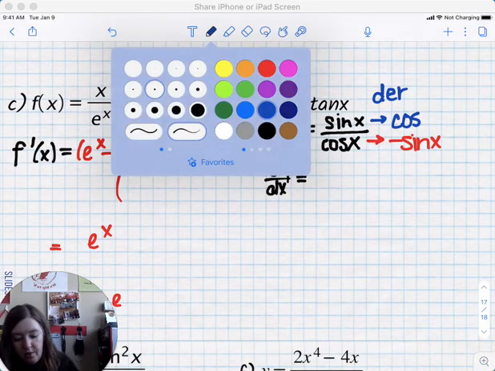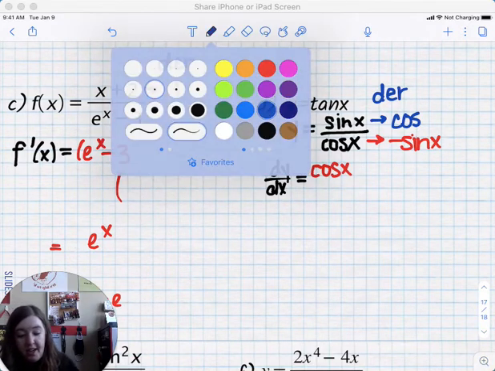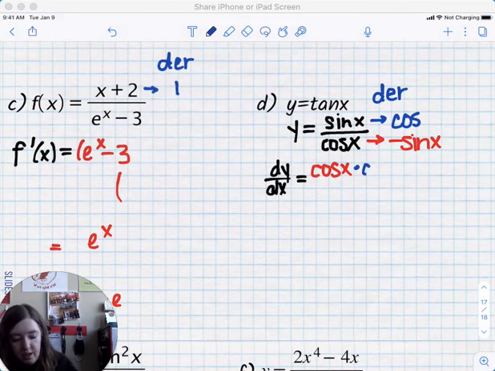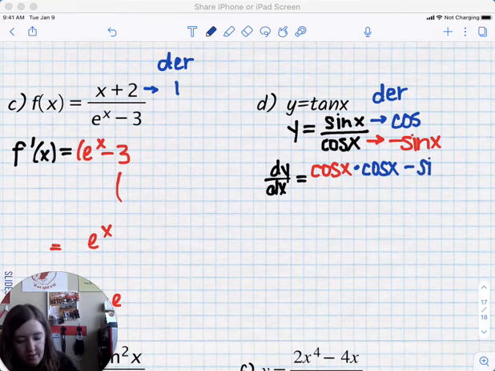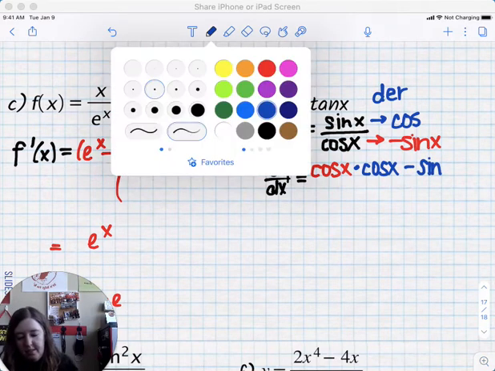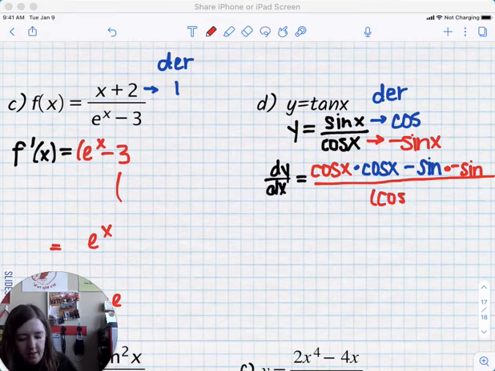So my low was that cosine of x times the derivative of the top, or d high, times cosine x, minus high d low, so the high was sine, times the derivative of the bottom, negative sine, all over low low, or cosine squared.